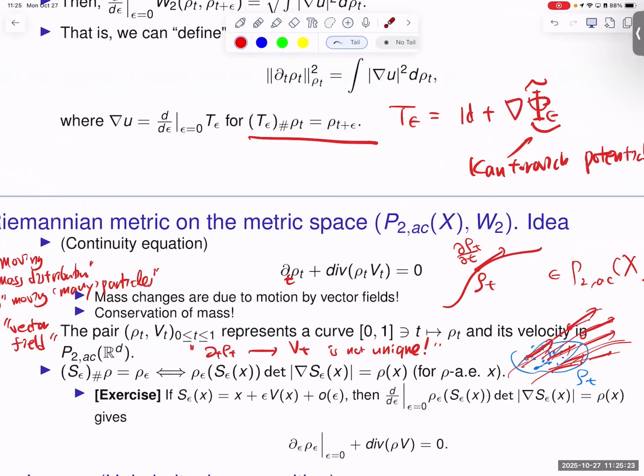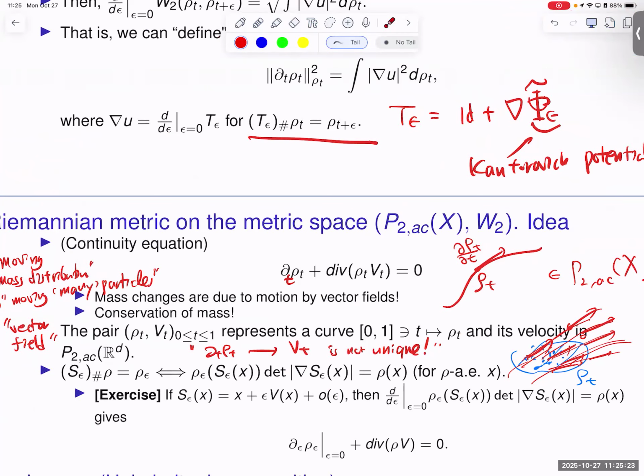I'm just connecting this continuity equation with a transport mapping. Suppose you have a mapping between two distributions, where rho epsilon is very close to rho, a small epsilon perturbation of rho.